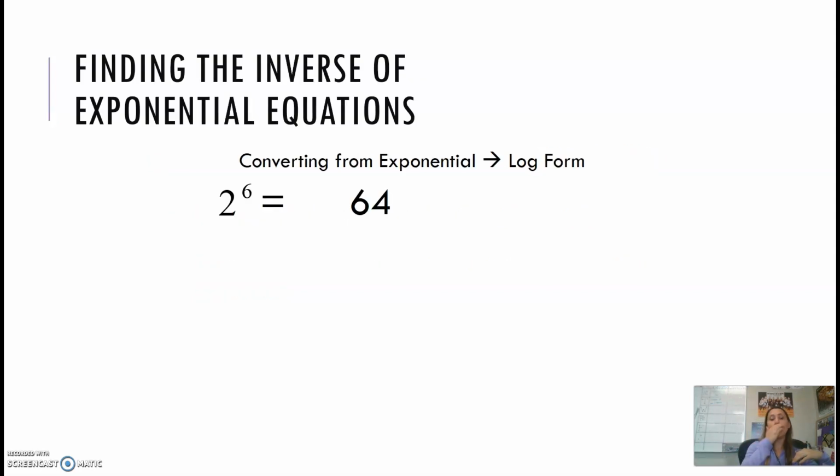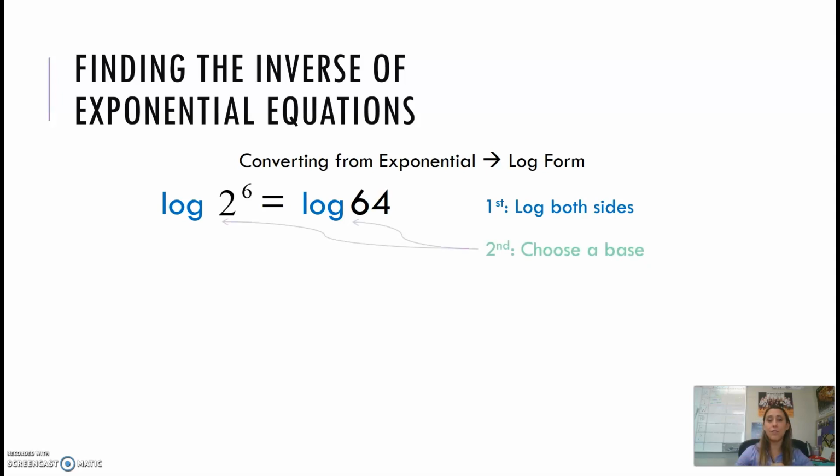All right. When we're finding the inverse of an exponential equation, we've learned how to rewrite this as a log. So, converting from exponential to log form, I'm going to show you the operations and things that you're going to need to know. We're going to log both sides. So we take log of 2 to the 6 is equal to log of 64, and then we choose a base. Since our base here is 2, it's already chosen for us.